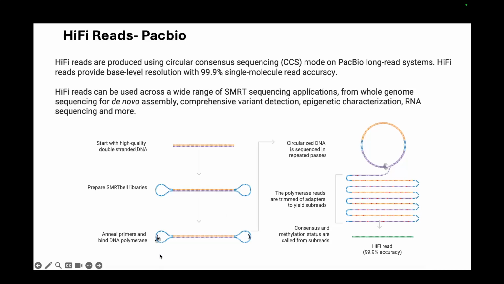Depending on how these circular DNA fragments are synthesized and how that part of the DNA is replicated, you can get what is known as a hi-fi read, which is a highly consensus sequence of the read that you are trying to sequence.